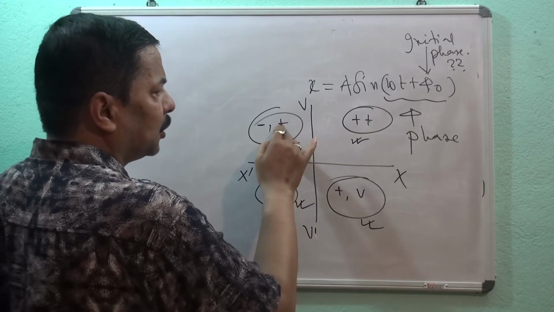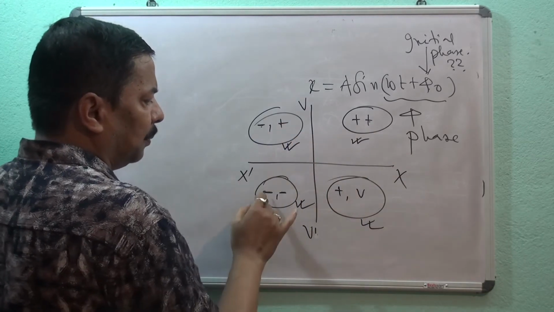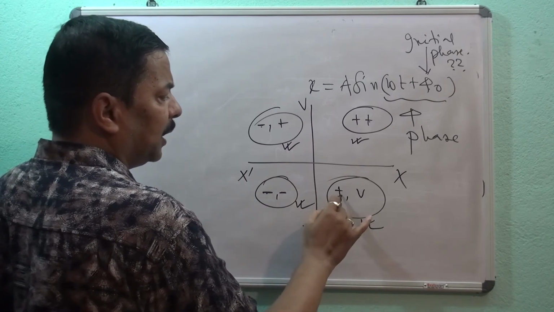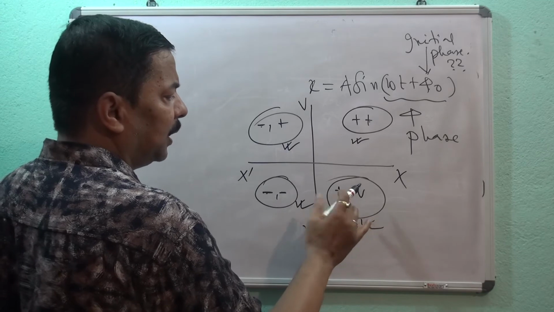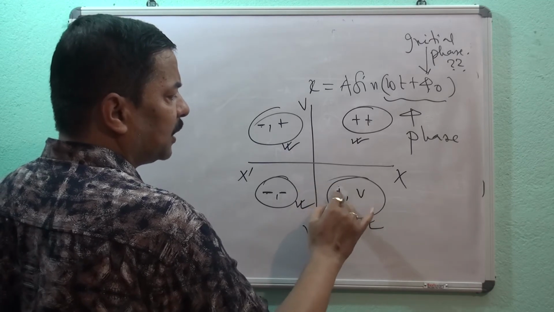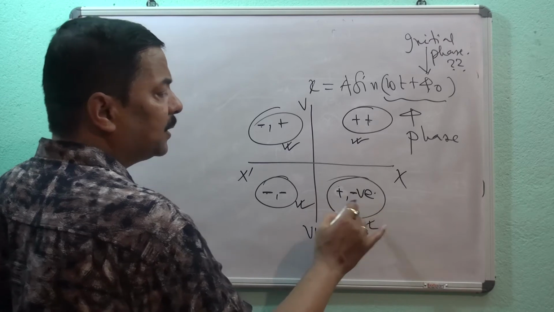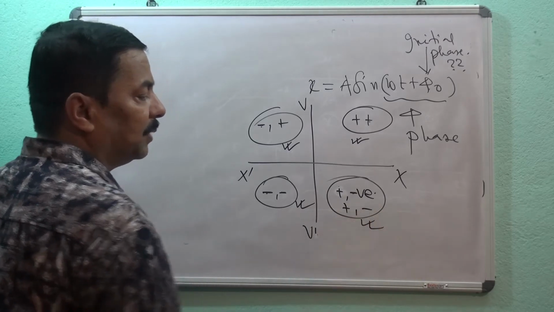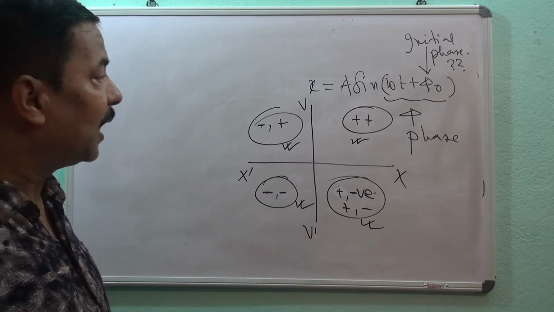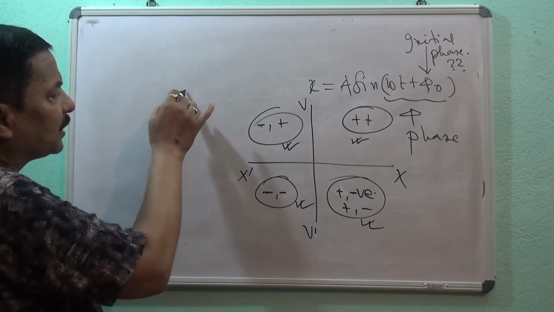Here v is positive, x is negative. Here v is negative, x is negative. Here x is positive and v is negative. This thing you have to always keep in mind, and then you will have to draw a circle.